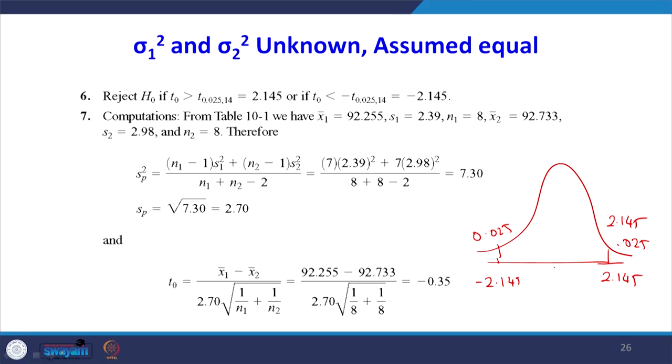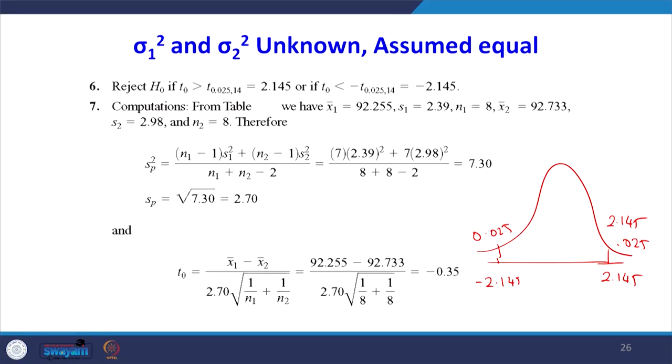From the previous slide, the mean of sample 1 is 92.255 and the standard deviation of sample 1 is 2.39 for n1 equal to 8. Similarly, for sample 2, the sample mean is 92.733, the standard deviation is 2.98 and n2 is 8.